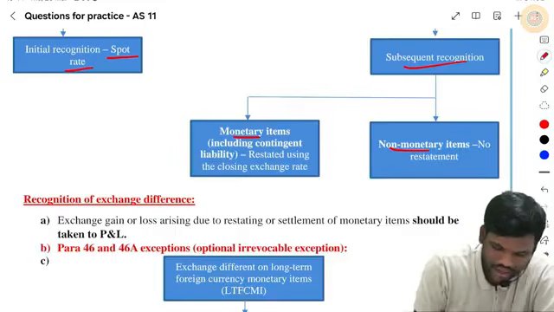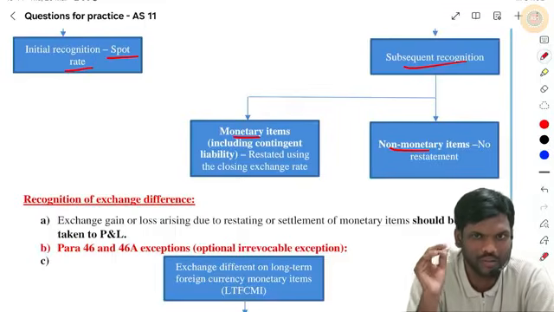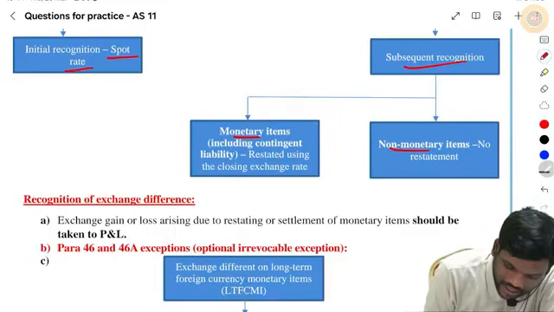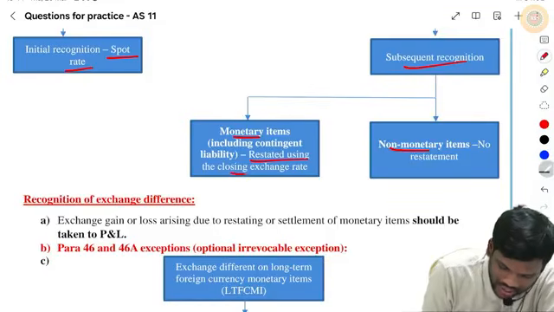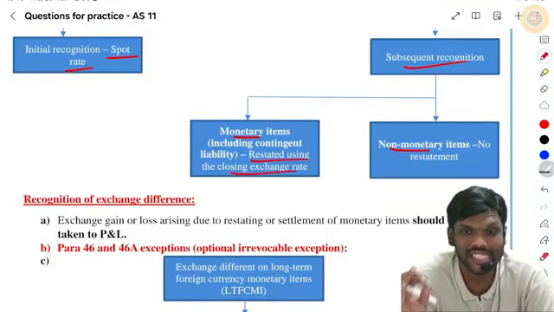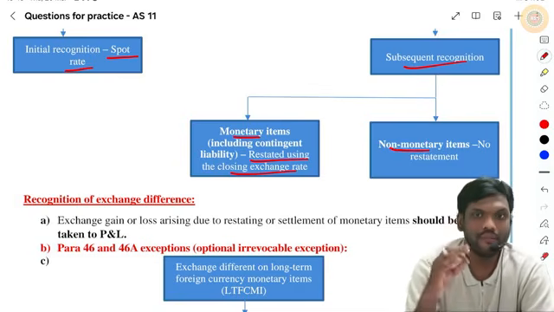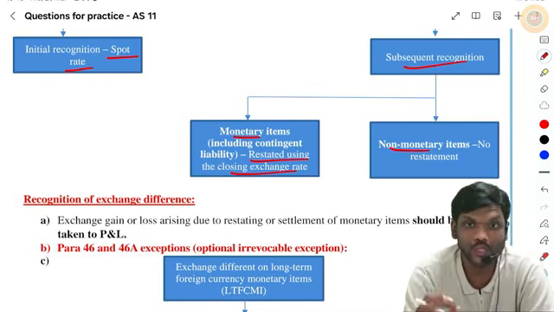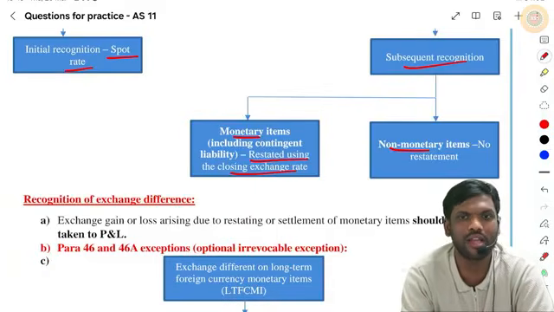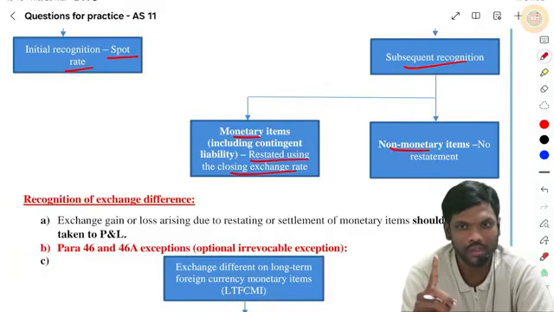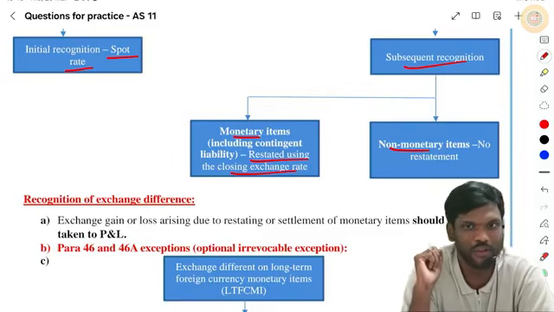AS11 says, if it is a monetary item, then as at the balance sheet date, you should again restate that item using the closing exchange rate. For example, assume you sold goods to someone in America for $1 lakh on 1st February.